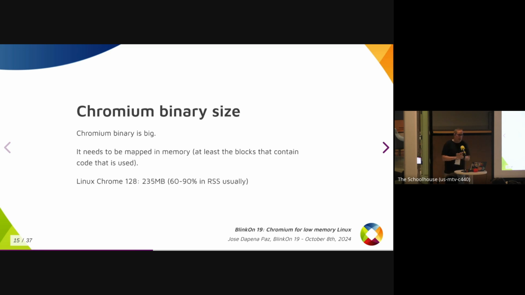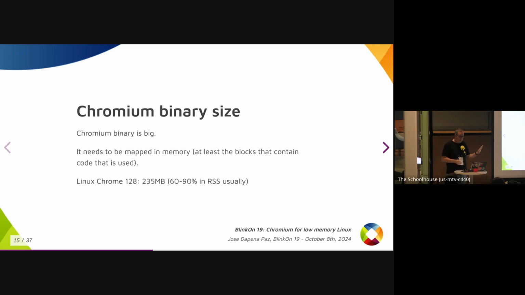First one, and this one is important when we are talking about devices like 512 MB: the Chromium binary nowadays is really big. The running code needs to be mapped in memory, at least the blocks that contain code that is running, right?